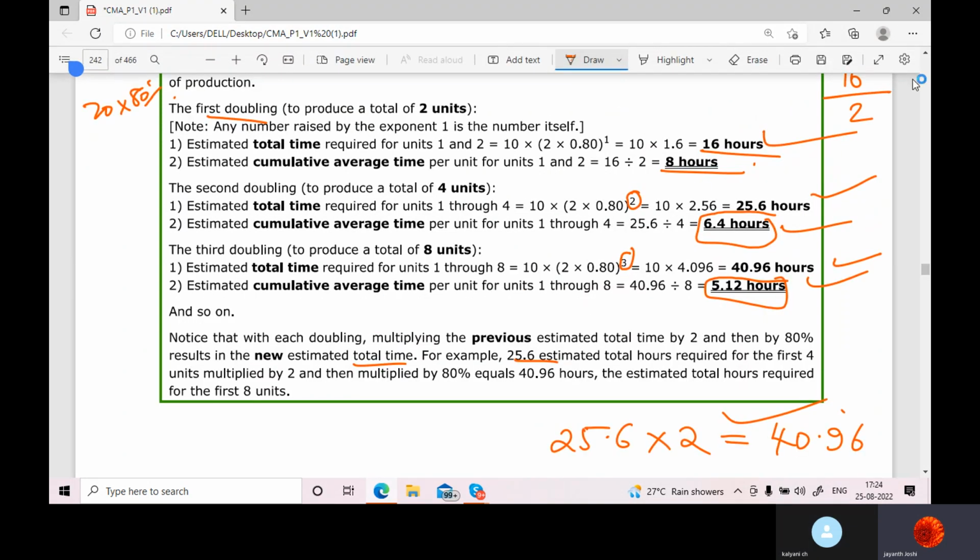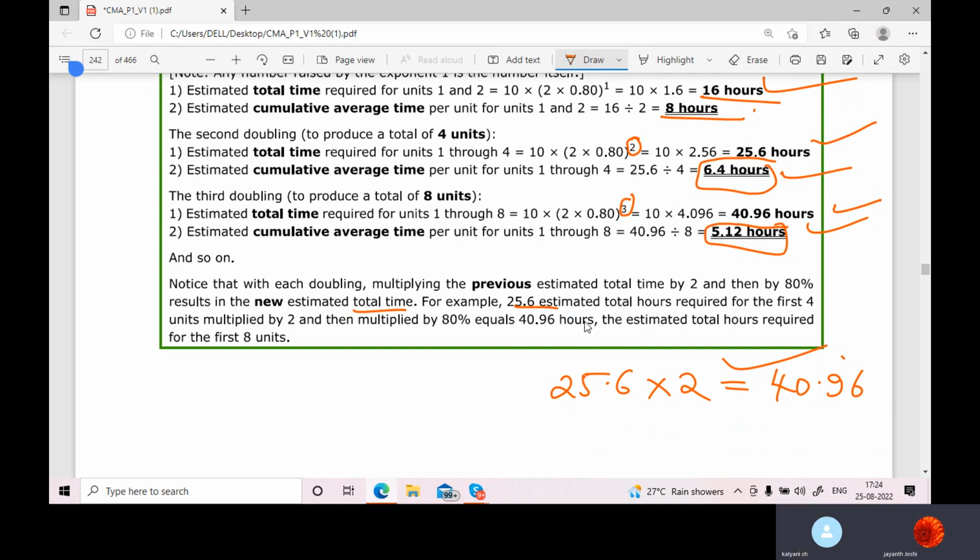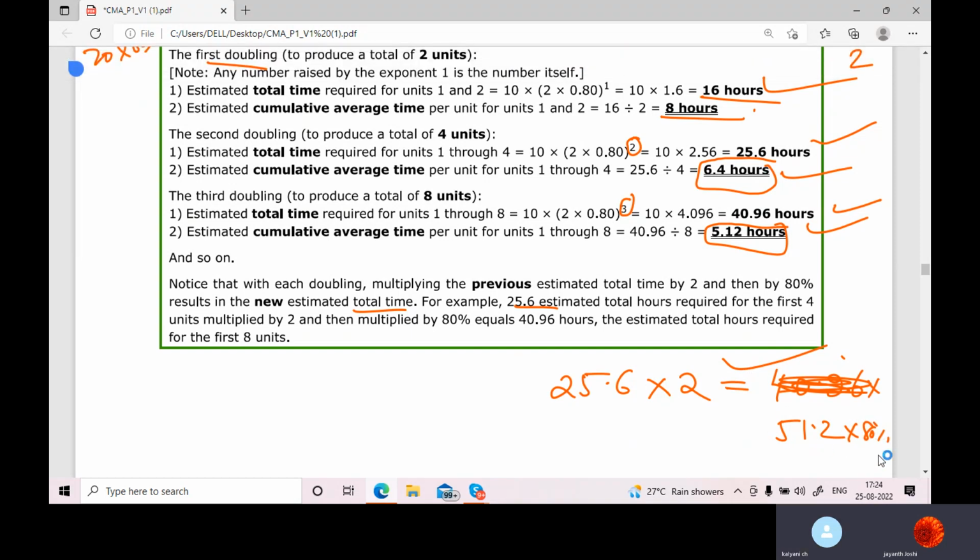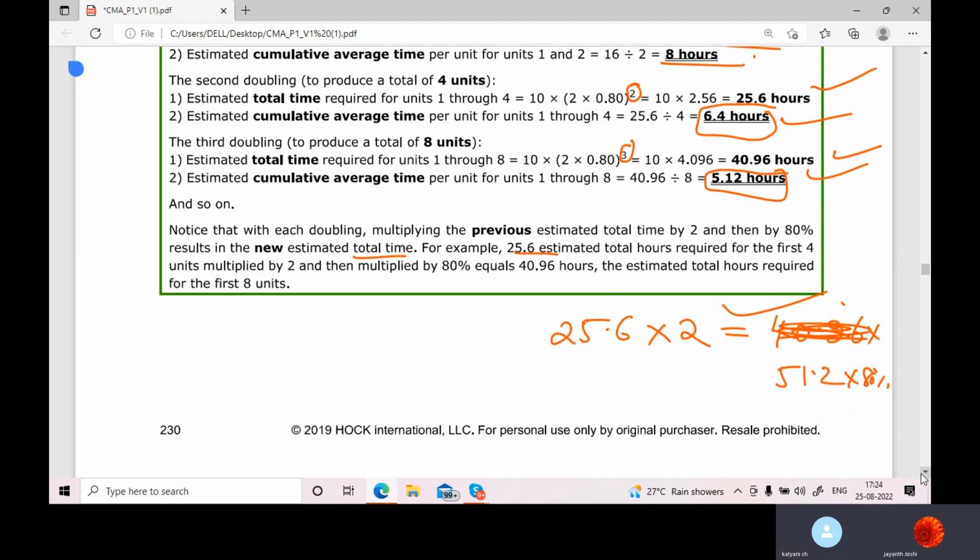Not 40.96, sir, that into 80%. How much are you getting? 51.2 into 80%. Okay. 80% is the criteria, na, madam?